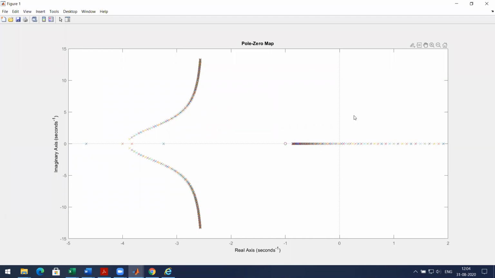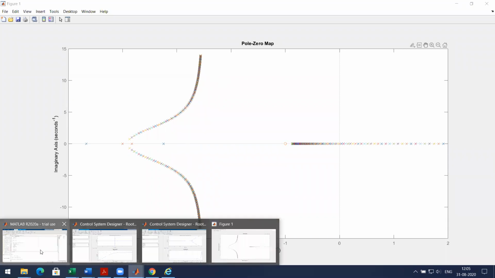You can directly get this in a root locus plot, the final plot. But if you would like to see it step by step for varying value of k, you need to give a for loop. For value of k 1 to 100, 200, whatever values you want, you can give. You cannot plot till infinity, but you can plot at least till it reaches 0. You can see how the trend is going.